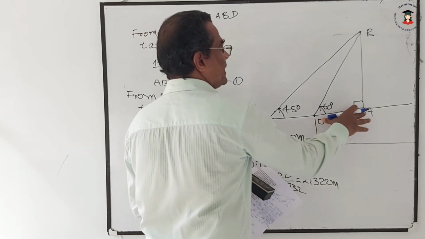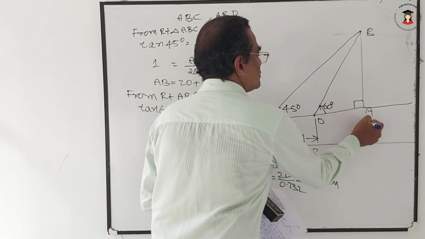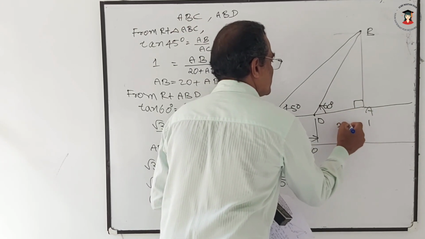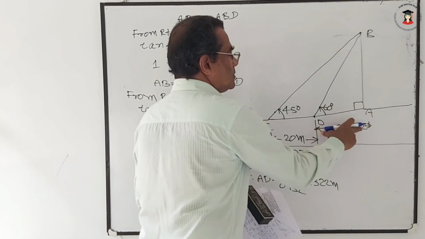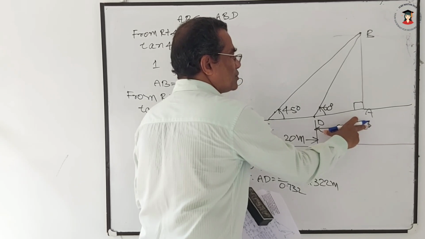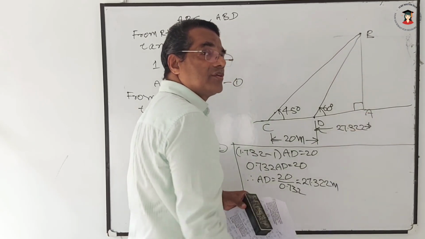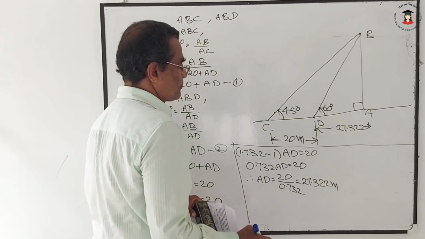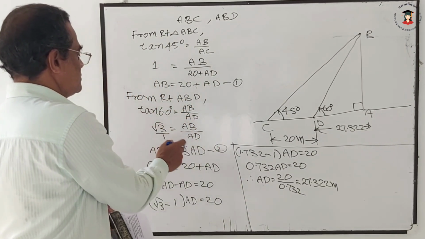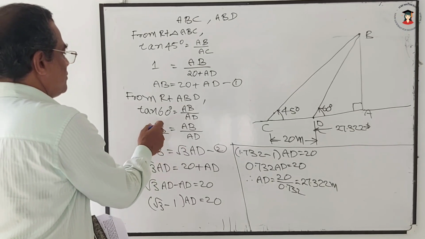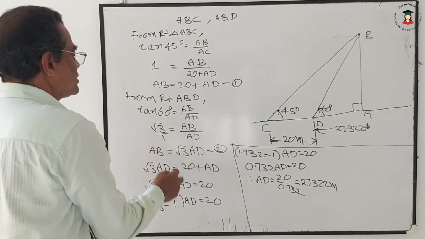Now we got AD. We can now consider this right triangle. Now AD is known. It is obtained as 27.322. So the distance is known in this right triangle and an angle is also known. So we can find out the height using tan ratio. Tan 60 equal to, as we already found, AB as root 3 into AD.